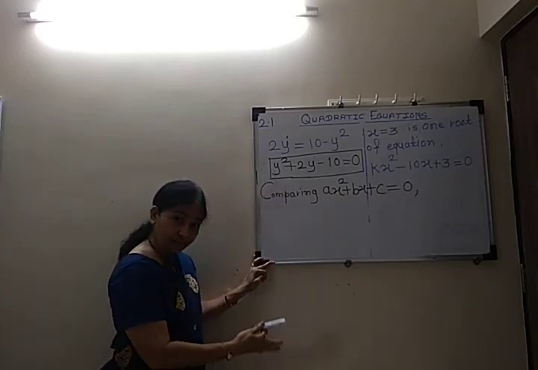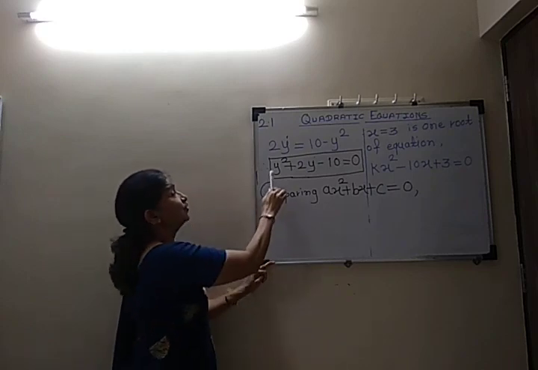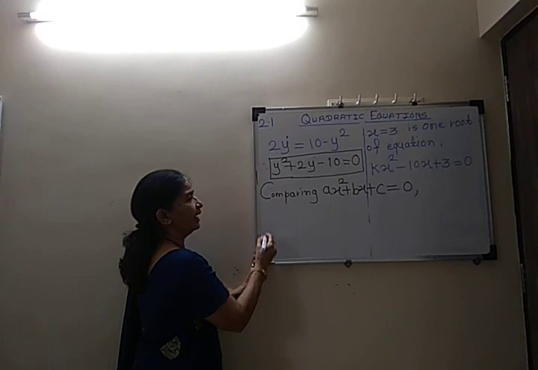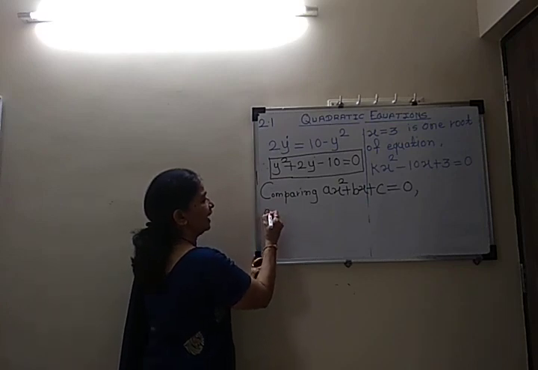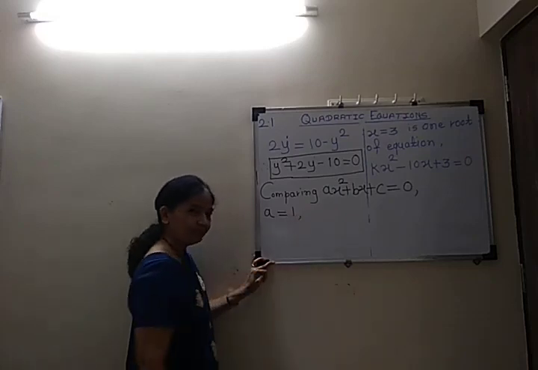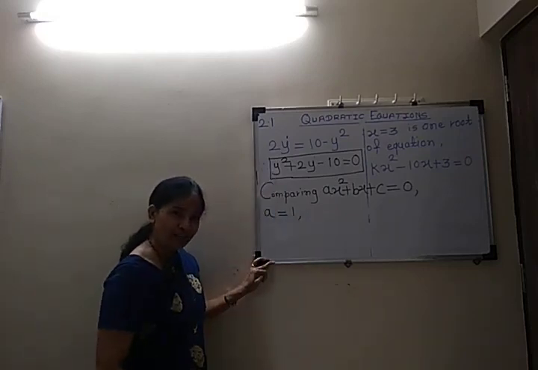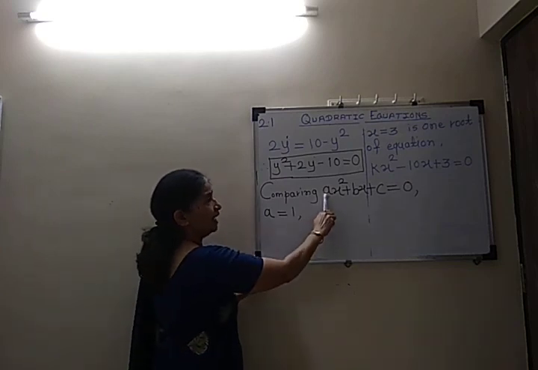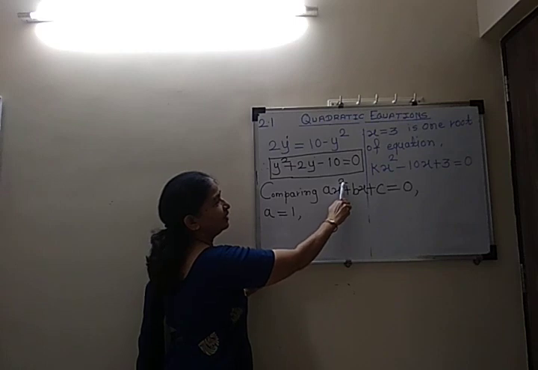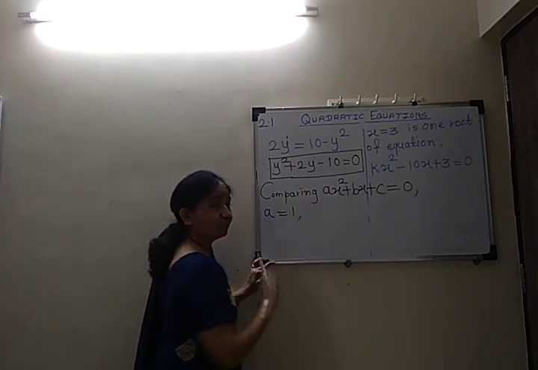Someone will say nothing. But y square means 1y square. So our a comes as a is equal to 1. Because y square means 1y square. And a is the coefficient of the square term.